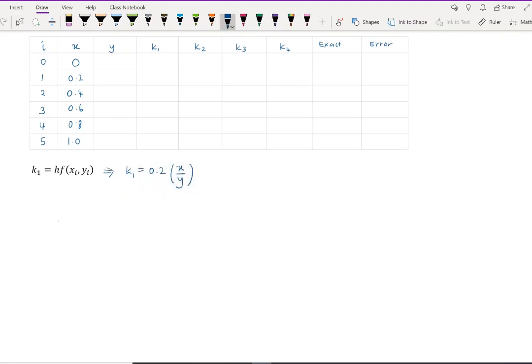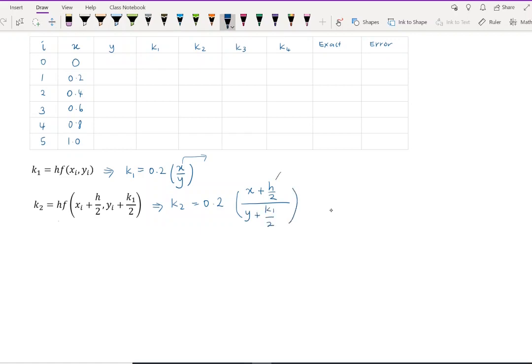Then we move to K2. Substitute the value of h and the function. So we have K2 equals 0.2 times the function at x plus h over 2, so our x here changes to x plus h over 2. The equation will look like this: x plus h over 2 over y plus k1 over 2.